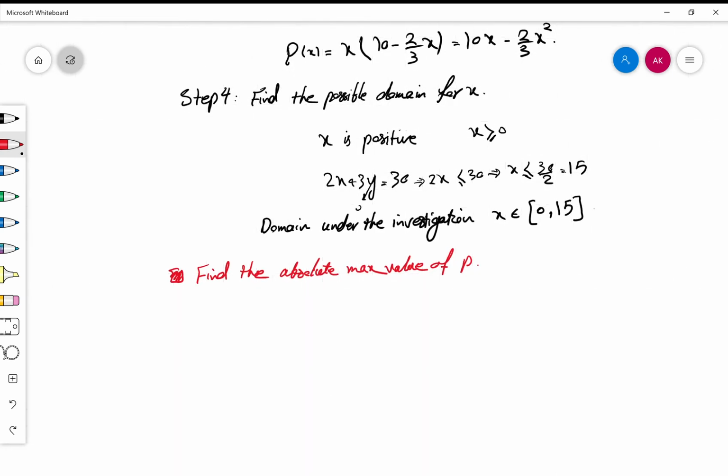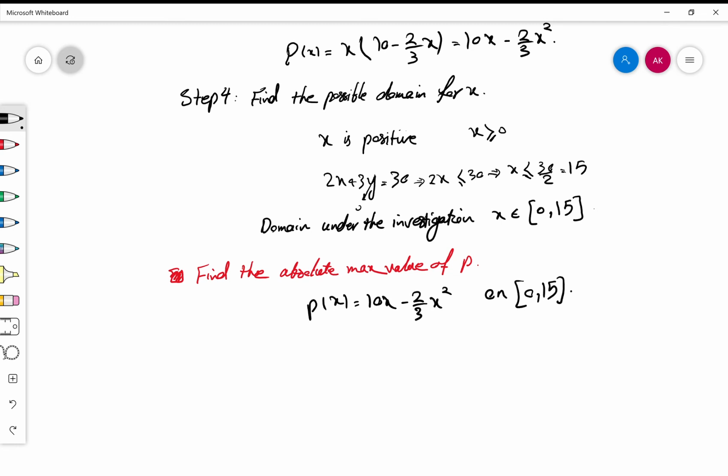What is p? P is this function, 10x minus 2/3 of x squared, and we are trying to find the absolute max on the closed interval 0 to 15.